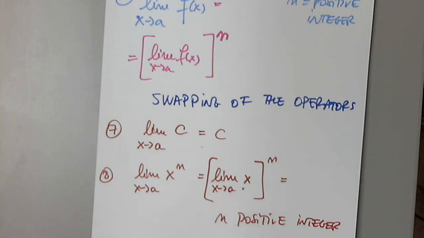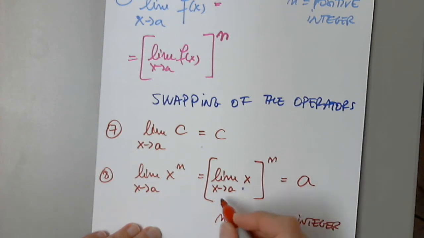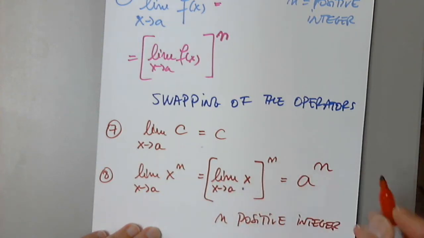We looked at a similar example. What is the limit of x as x approaches a equal to? A. Very good. So this limit is a to the nth power. Any questions? Okay, two more.